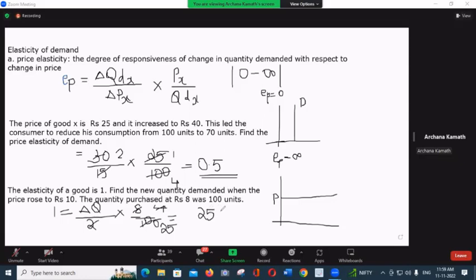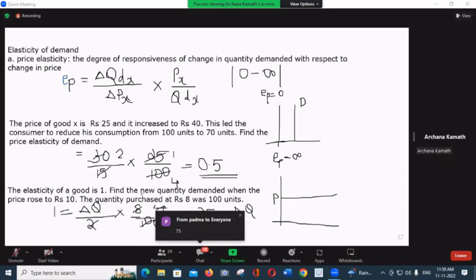So most of you have given me the wrong answer. Your answer should not have been 75. Wait, please wait. Don't shout out the answers. Those who have given 25 in the chat box, for your information, it's not 25. Why? Because the value you have found is only the change in quantity demanded.